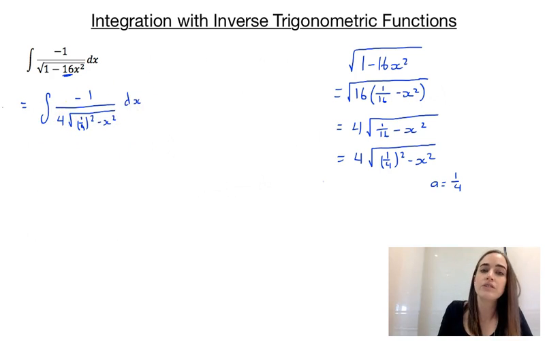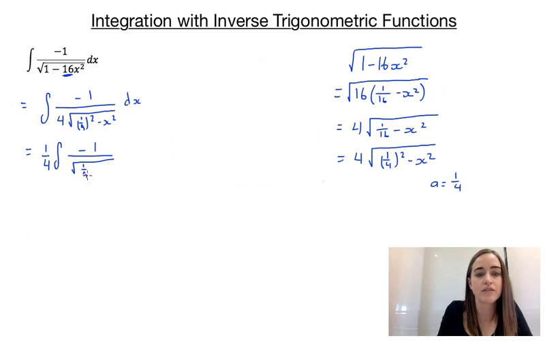So I'm going to pull this 4 out the front, out of the way. So I'm going to have a quarter times the integral minus 1 over the square root of 1/4 squared minus x squared dx. When I integrate that, I'm still going to have my quarter. We know that this is going to integrate to cos inverse.